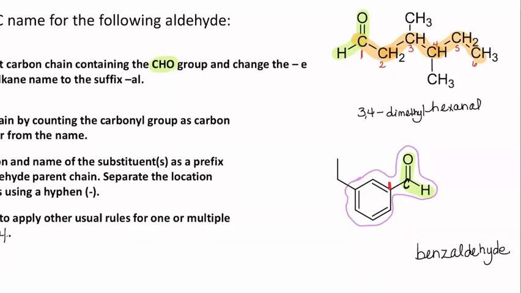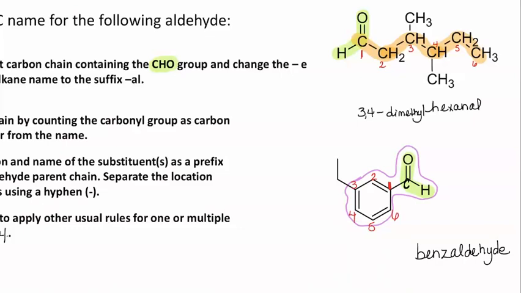So utilizing 1 for clockwise, 2 for counterclockwise, which one should we number this cyclic system to give the other substituent here? Great job. I agree 100%. We should go counterclockwise. So this is carbon 2, this is carbon 3, 4, 5, 6.